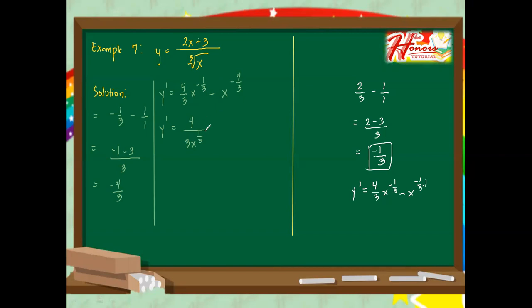It will turn out to be a positive exponent. So minus 4x, since we are just transferring x raised to negative 4 over 3 to our denominator, we will be writing 1 here. So we have here x raised to 4 over 3. And that's it. This is the final answer for example number 7.